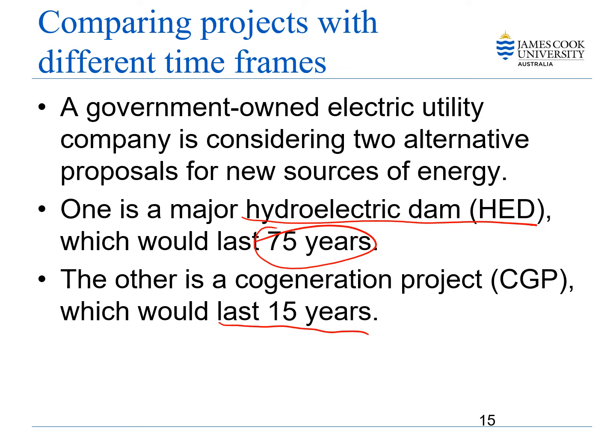So now we are comparing a project of 75 years with another project of 15 years. We need to account for this, because otherwise we will be comparing apples with bananas.